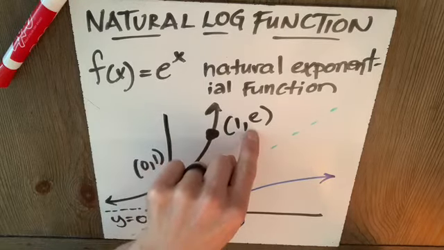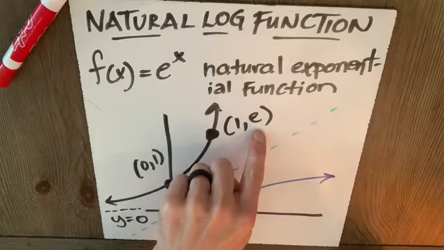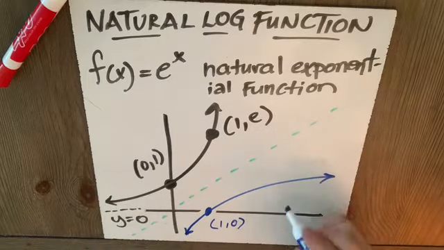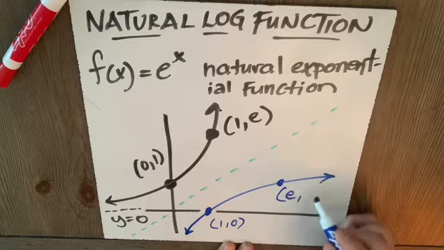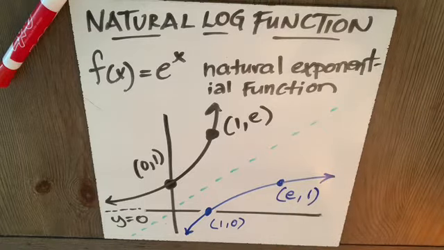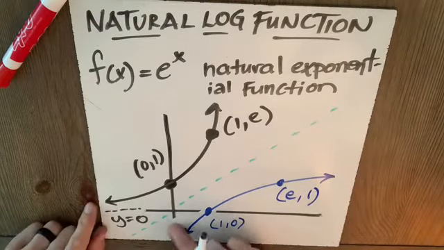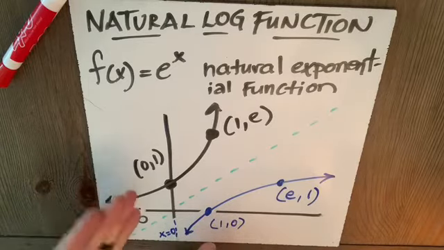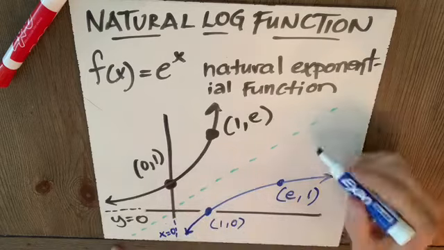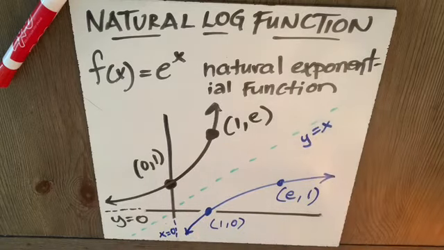And (2.7, 1), oops, I mean (e, 1). Don't forget that e just represents a number very close to 2.7. And y equals 0 becomes x equals 0. You can see if I reflect this over the y equals x diagonal line, I get the inverse.